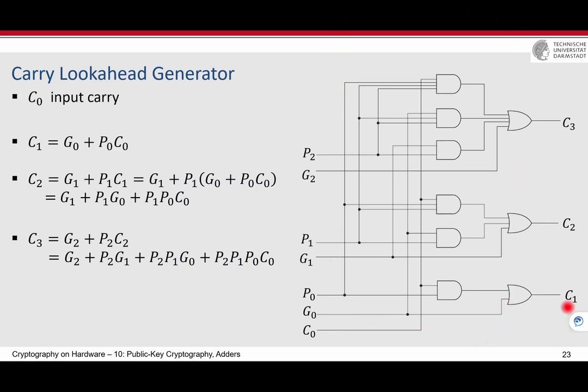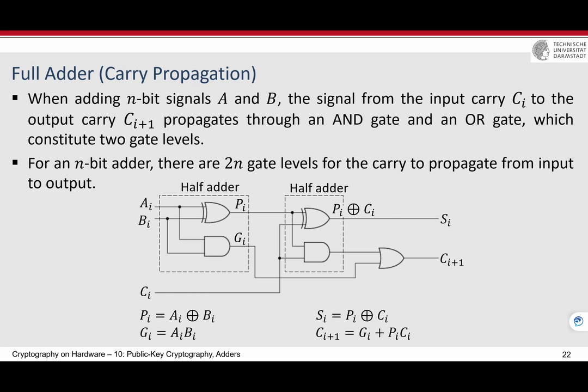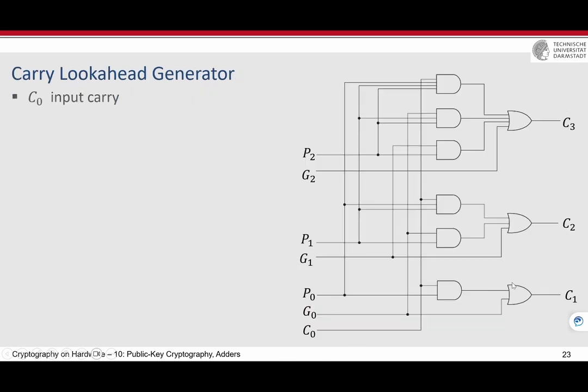Then you go through this combinational circuit to directly generate the carries, and then you can also generate the sum. How? Look here: PI is XORed with CI to generate the sum. If you have the carries, you can directly XOR them with the corresponding P and get the sum.